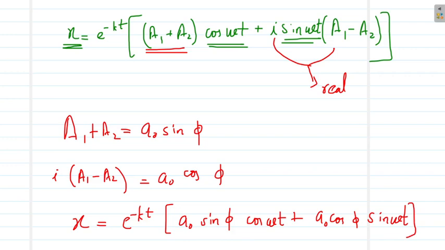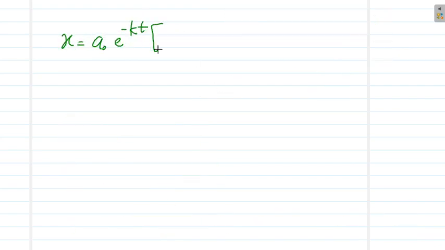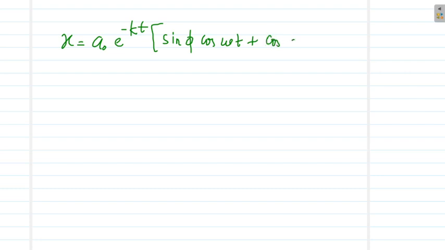Now we have seen these kinds of equations. You can take A0 as common. You can rewrite x is equal to A0 into e raised to minus kt into (sin phi cos omega t plus cos phi sin omega t). Now you have seen this expression somewhere.